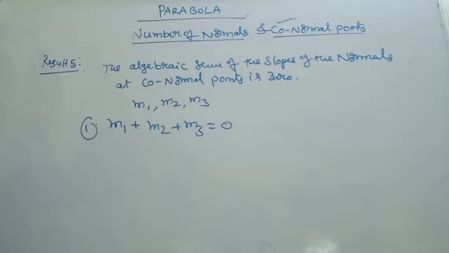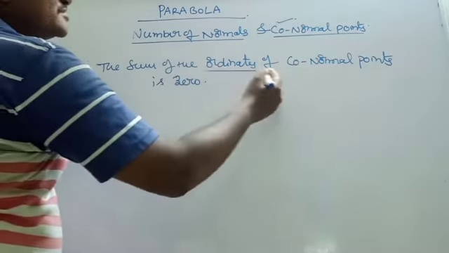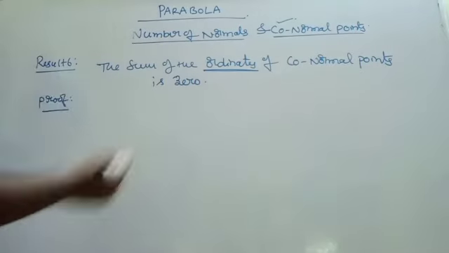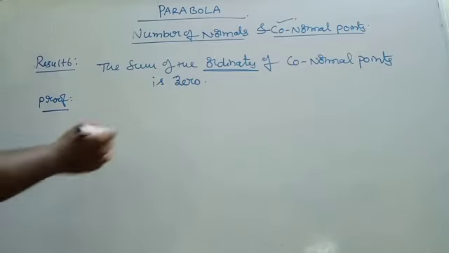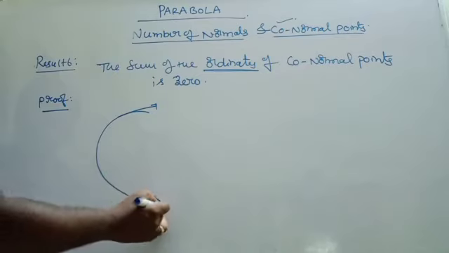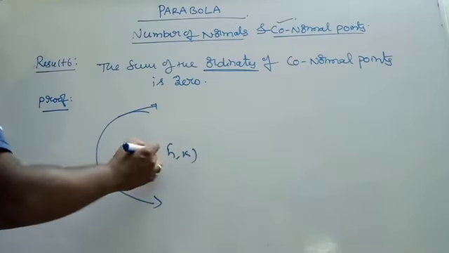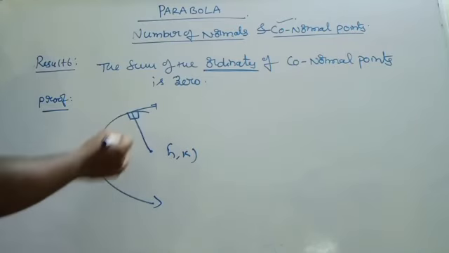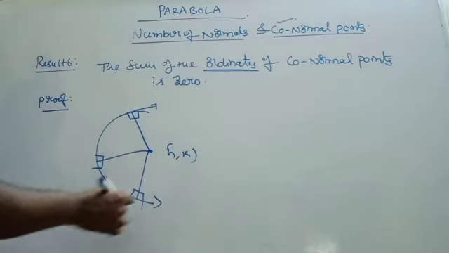Now we have one more beautiful result: the sum of the ordinates, meaning the y coordinates, of co-normal points is 0. My dear students, whenever we have a parabola like this, from one point, suppose h comma k, I told you that you can pass three normals. Already we proved that only three normals can be drawn.